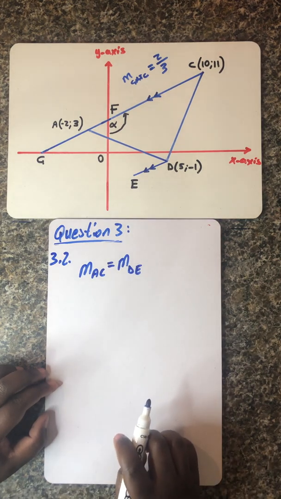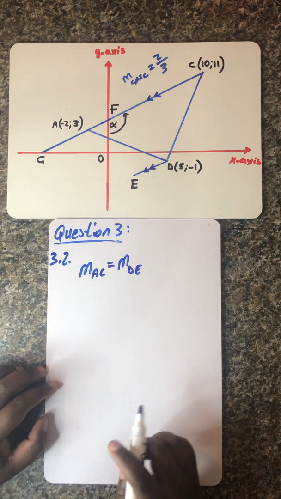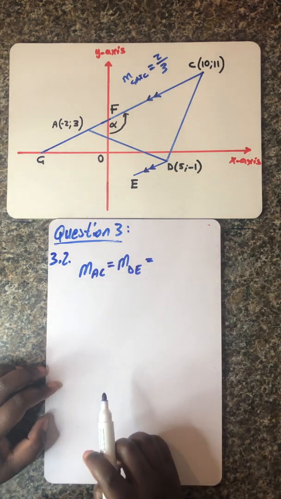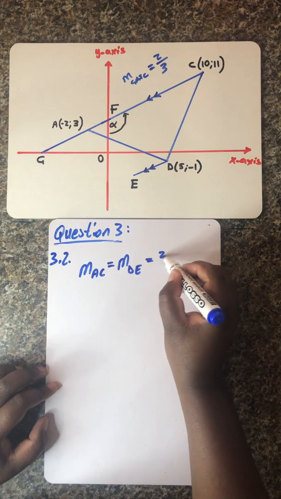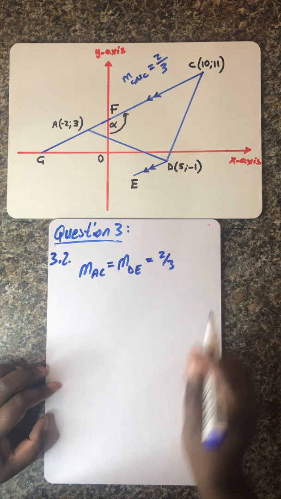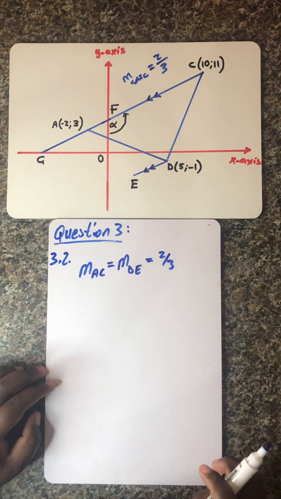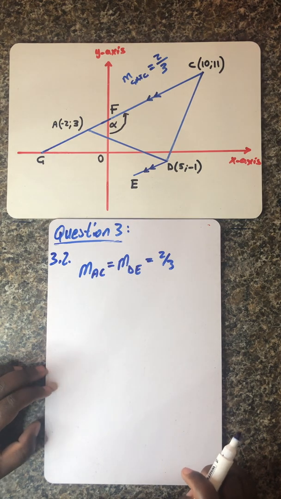Do you agree, ladies and gentlemen? So that means the gradient of these two, which are the same, is equal to 2 over 3. Okay, I hope you still remember how we calculated it in 3.1.